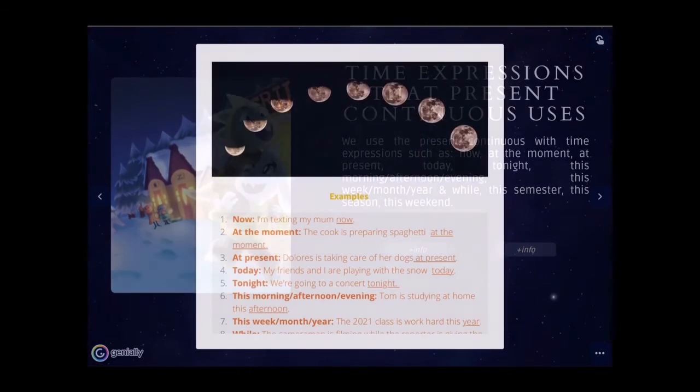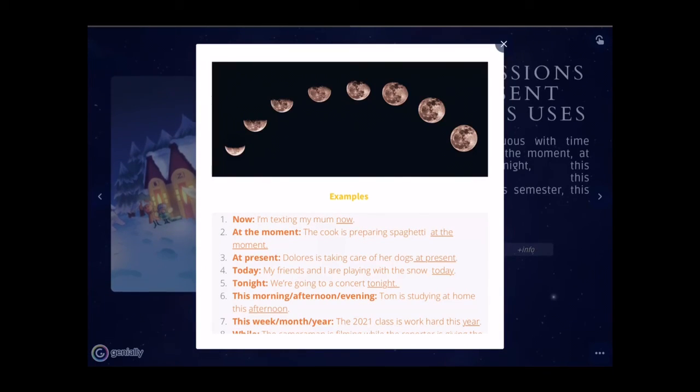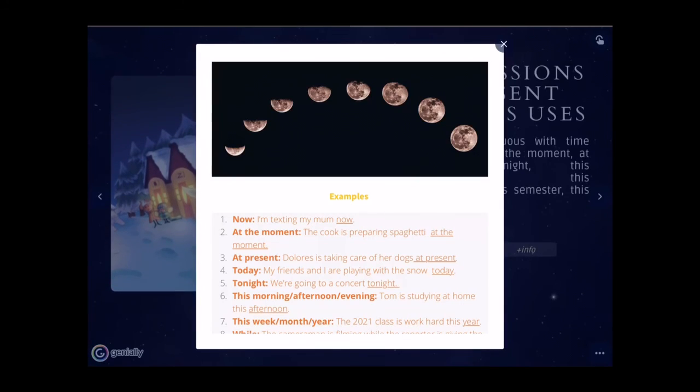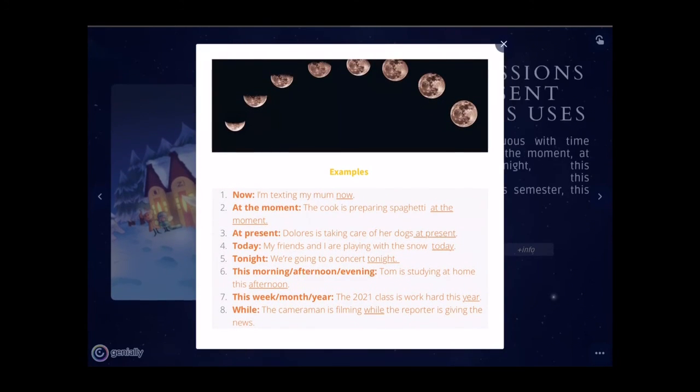Then we have some examples. The first is now I'm texting my mom. I'm texting my mom now. There we have the time expression. And we have more. Other is with the time expression tonight.